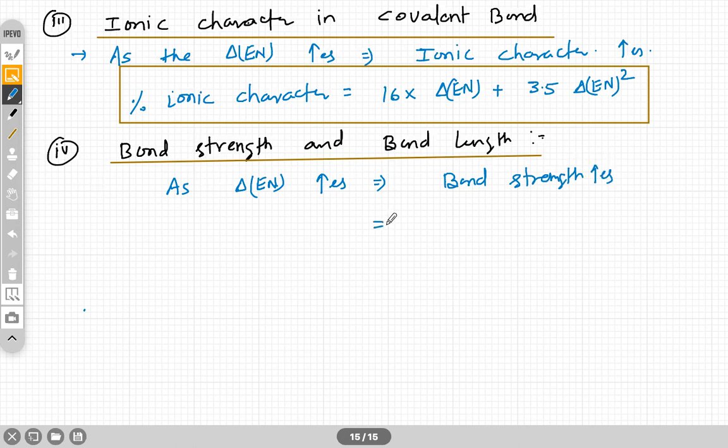And when bond strength increases, it means bond length decreases. You know, a smaller bond has more strength, right? So bond strength increases, bond length decreases, or vice versa. Bond length increases, bond strength decreases. It goes like this.